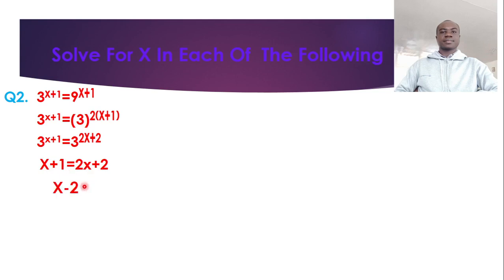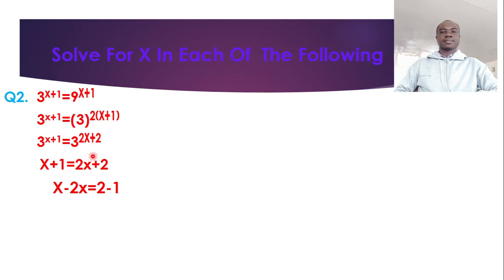So if we do that, we can multiply. If we multiply the left side by the additive inverse of positive 2x, we have x minus 2x, and when we add, sorry, not multiplication, we are not multiplying, we are adding.